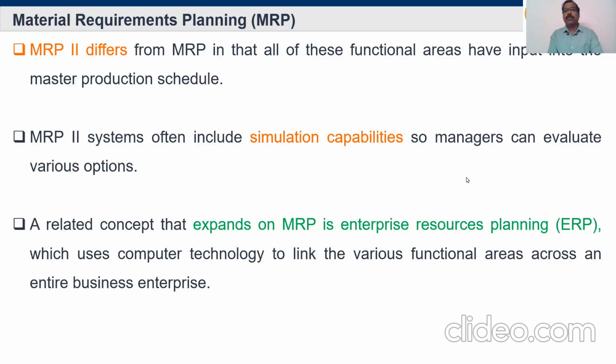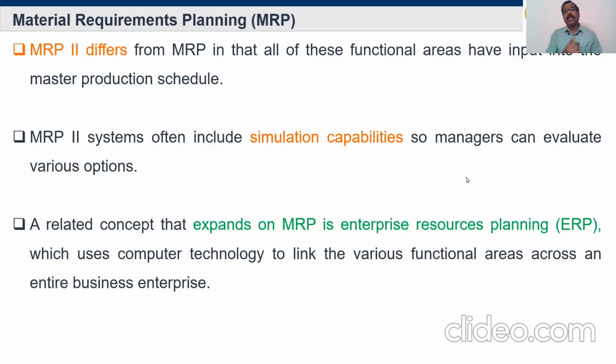MRP2 has simulation capability, which helps production managers simulate various possibilities about placing orders or scheduling, and then the production manager can get a clear idea of which is the best one. Okay, this is all about manufacturing resource planning, MRP2.